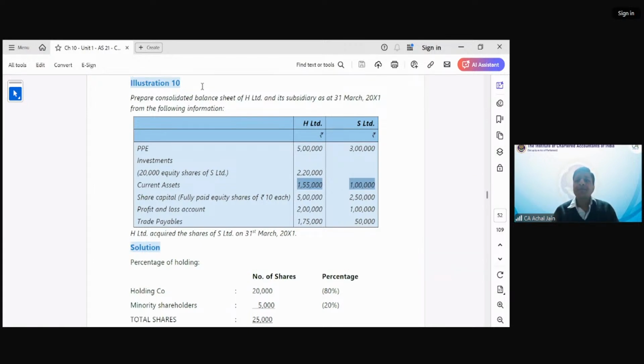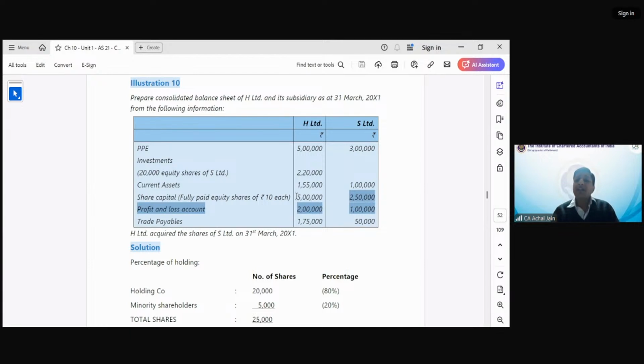Okay. Trade payable you will pick up as it is. Share capital and profit and loss, these two. One portion of this you have given to majority while computing goodwill or capital reserve. Second portion you will give to minority. Okay.